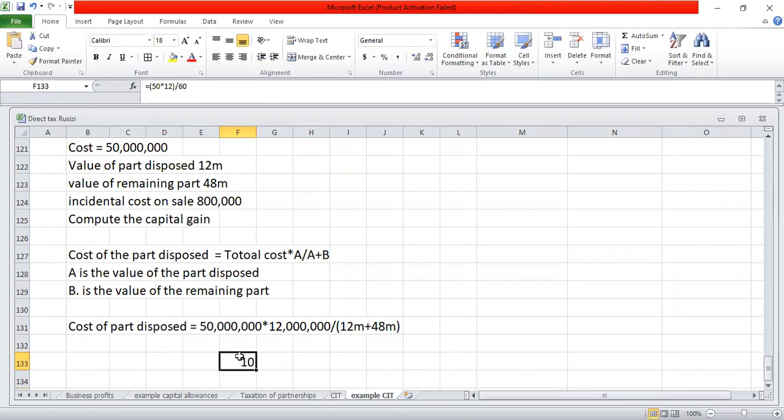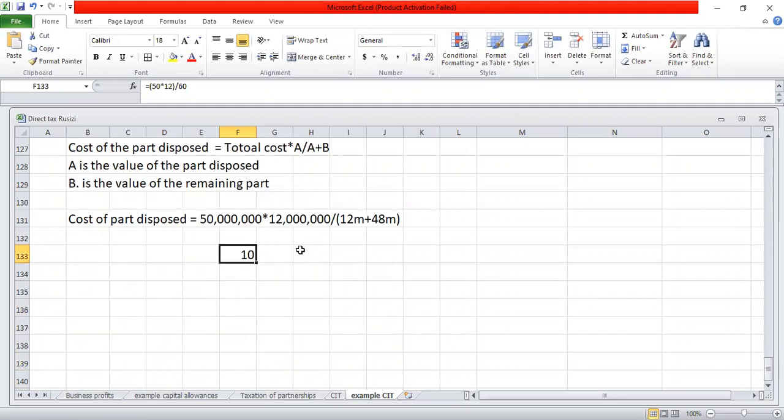That's the part of the area disposed. So this would be the cost of the area, 10M.